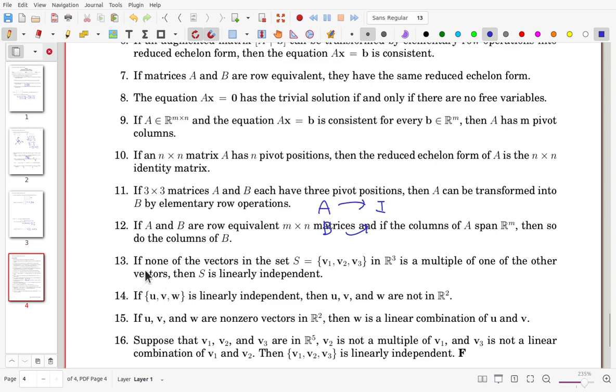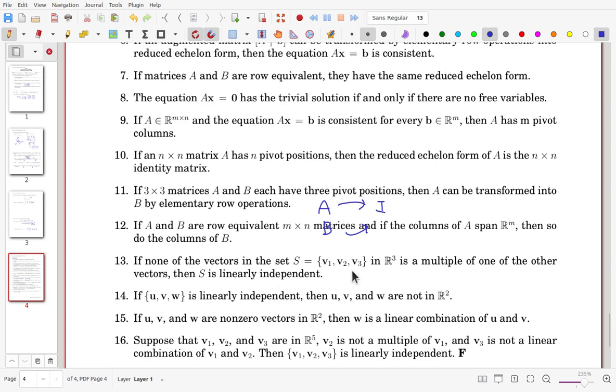13. If none of the vectors in the set v1, v2, v3 in R3 is a multiple of one of the other vectors, then the set S is linearly independent. Is it true? It may be false.